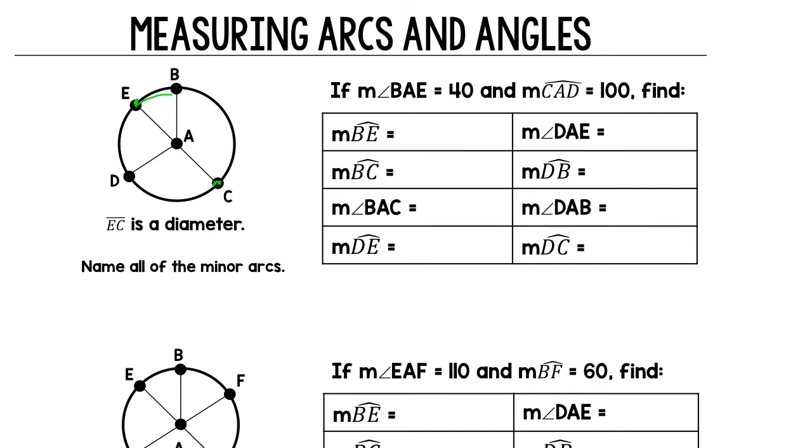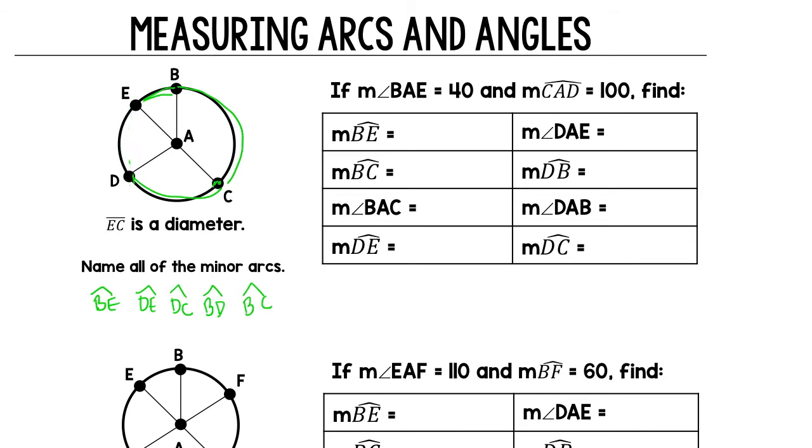We've got BE, DE, DC, BD, and BC. I think that's about it. Everything else is a semicircle or a major arc.